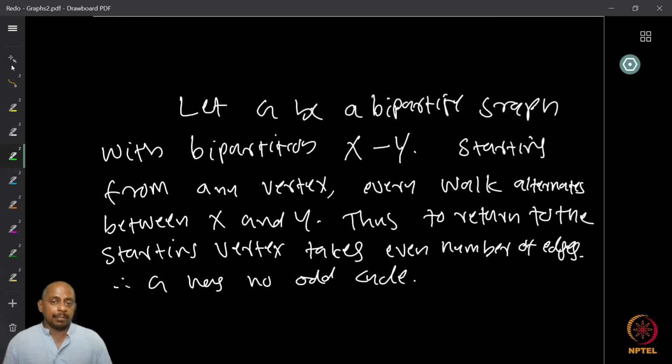Since any walk alternates between X and Y, to return to the starting vertex you have to take an even number of edges. Every closed walk is of even length, so there is no odd cycle, because an odd cycle itself would be a closed odd walk. So this is clear.